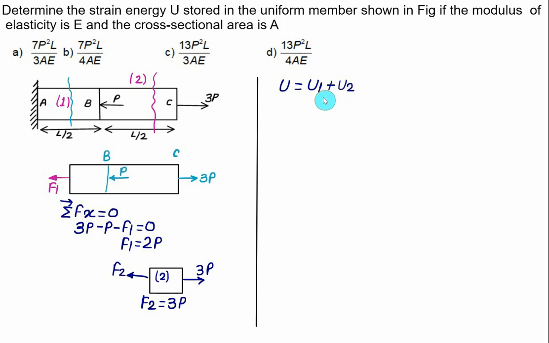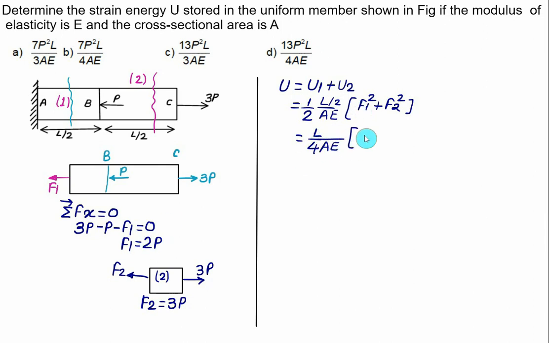This time we'll use the equation in the form of force. That is, U is equal to 1 by 2, where L is common, area is common, and Young's modulus is common. It's L by 2 into F1 square plus F2 square, that is 1 by 4 multiplied by L divided by AE.